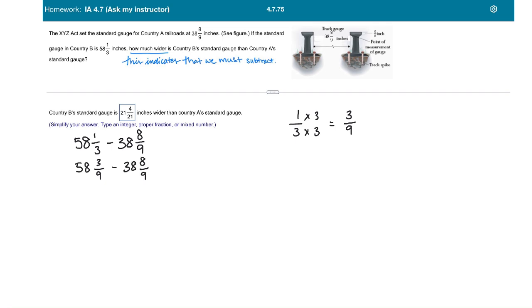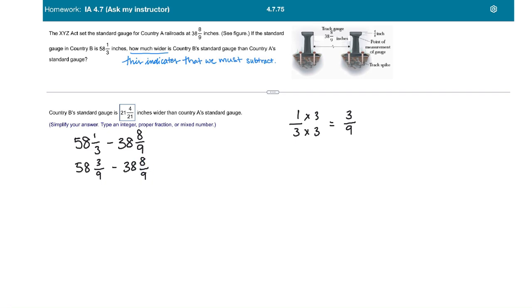Now we run into another problem. When we subtract whole numbers with fraction parts, we subtract the whole number portions and we subtract the fraction portions. Now we see that with 3/9, we cannot subtract 8/9 from it because 8 is bigger than 3.